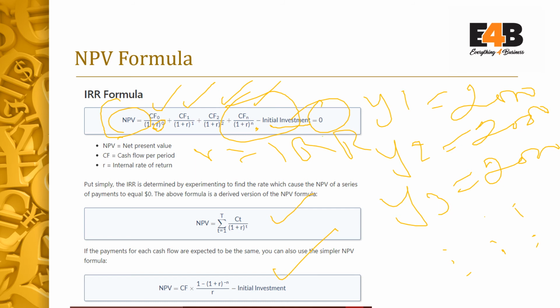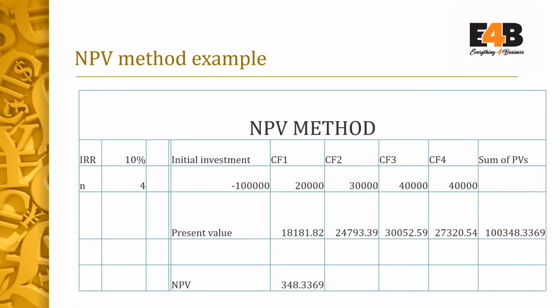Now we will move to the NPV method example. Let's say there is a project in which we have initially invested $1 lakh and future cash flow for year 1 is 20,000, then 30,000, 40,000 and 40,000.